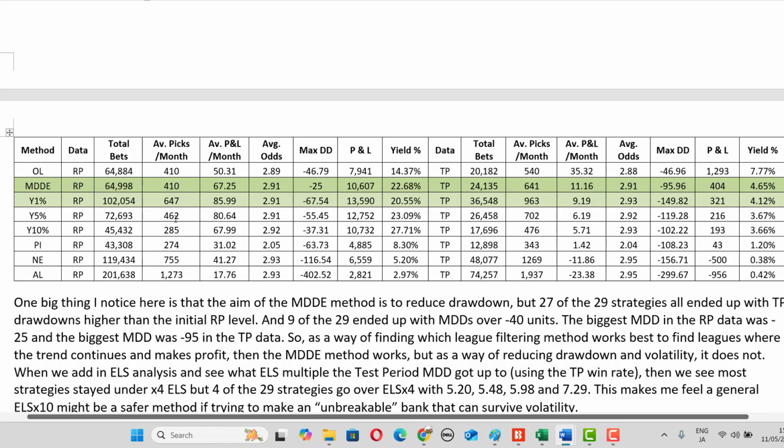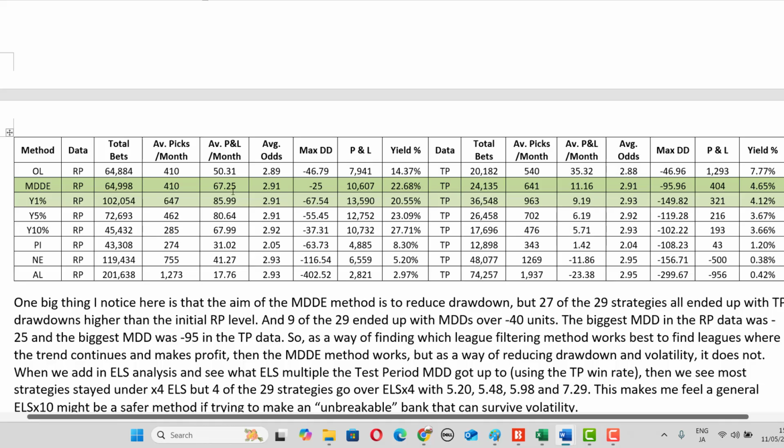We're just focusing on the leagues that made profit and with a high yield in the research period, and these also do badly. Their average profit per month of 80 and 67 really drops down to 6 and 5. So the trend that's discovered here, while it does continue, it does make profit, it's much lower than what was indicated in that research period.